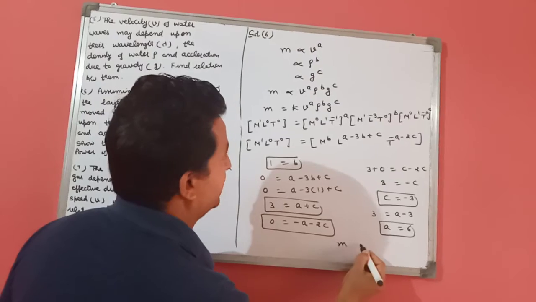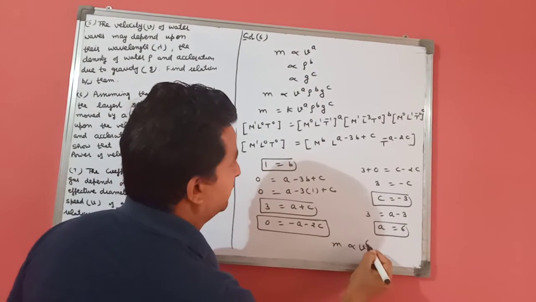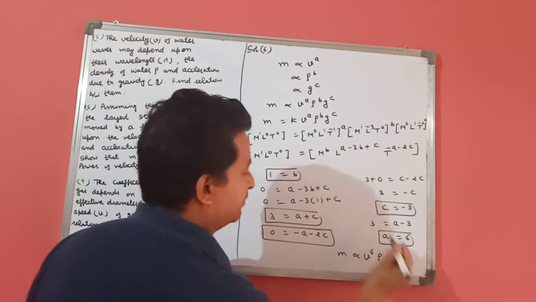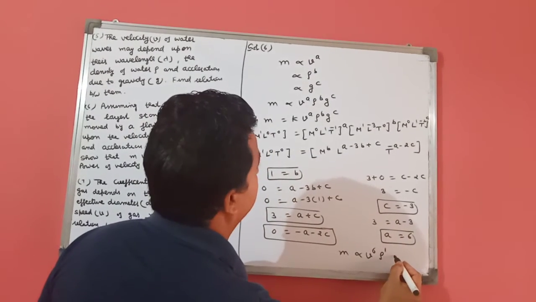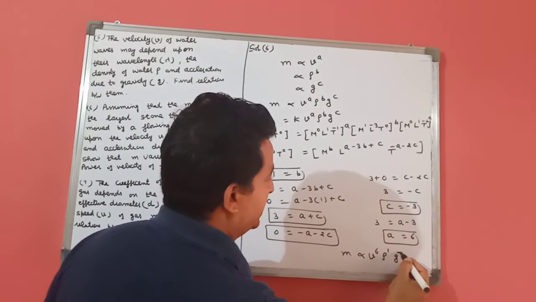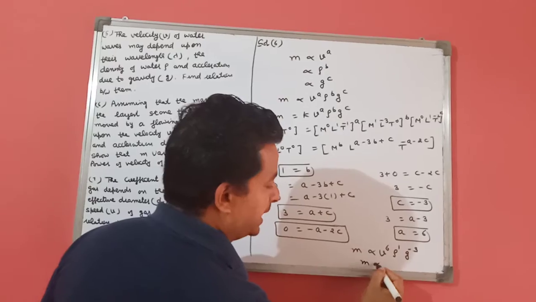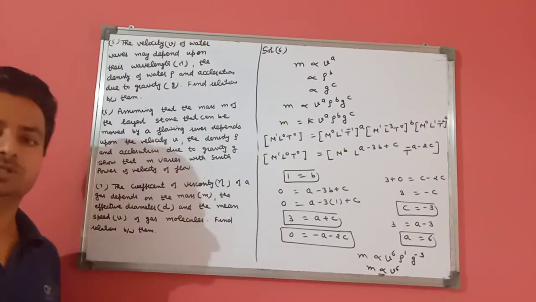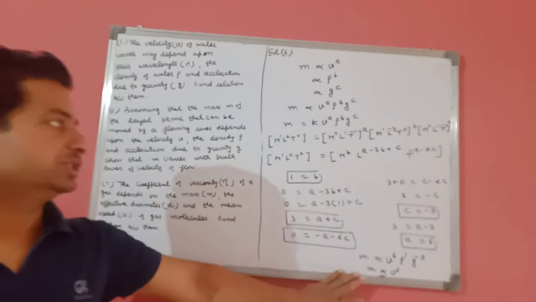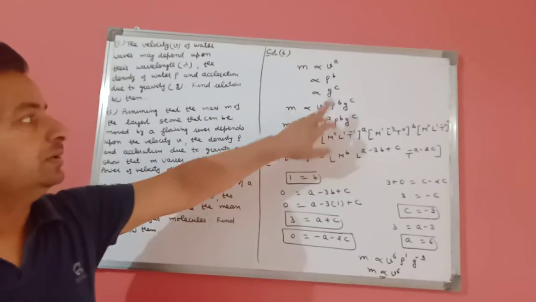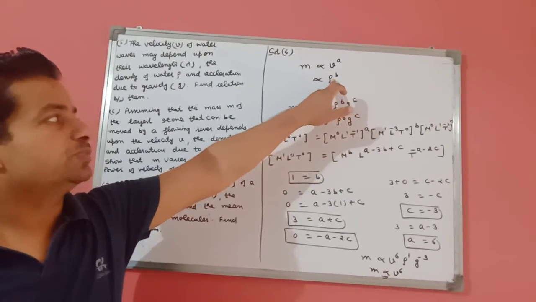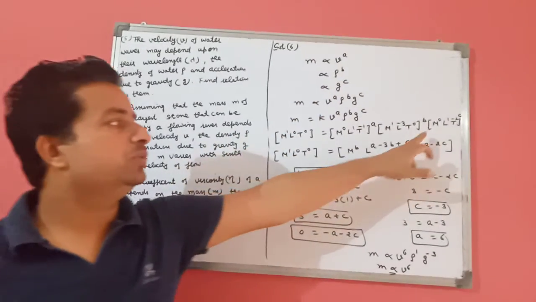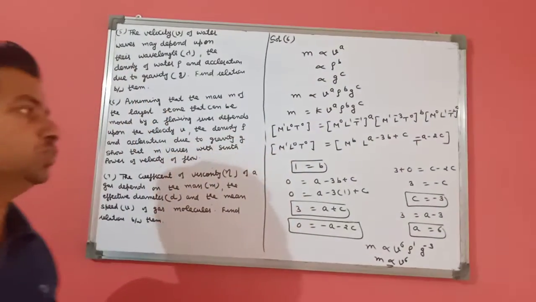This means m is proportional to v to the power 6, rho to the power 1, and g to the power -3. So m is proportional to the sixth power of the velocity. The dimension of density is mass upon volume, volume is L cubed, and gravity, as we know, is M^0 L^1 T^-2.